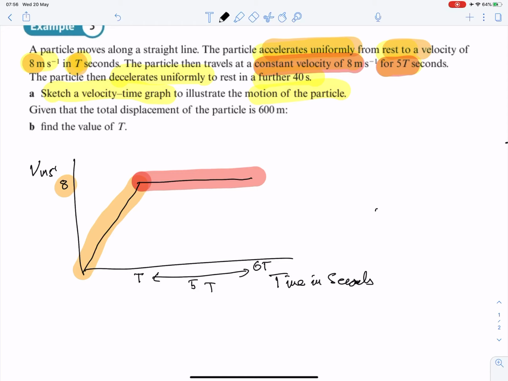It then decelerates uniformly, so a straight line, to rest in a further 40 seconds. So this is 40 seconds here. And we get 6t plus 40 as the total time on the axes there.